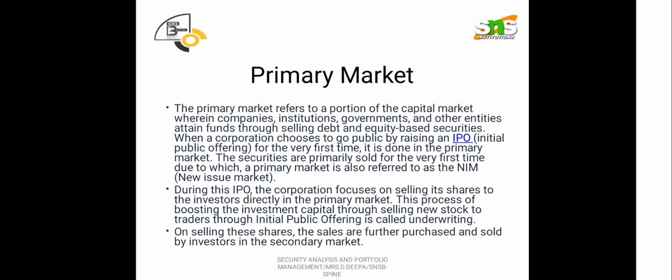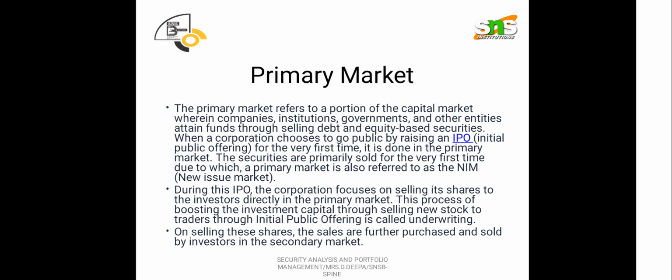What do they do actually? Whenever a corporation goes to the public to raise funds through an IPO, that is an initial public offering, which means for the very first time they are releasing any shares, it is called an IPO.